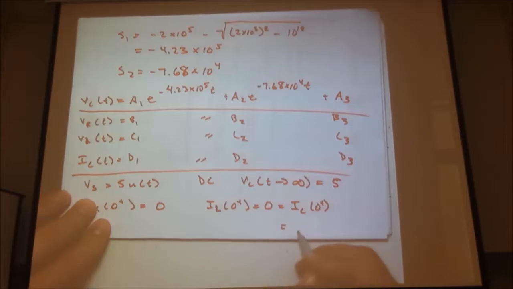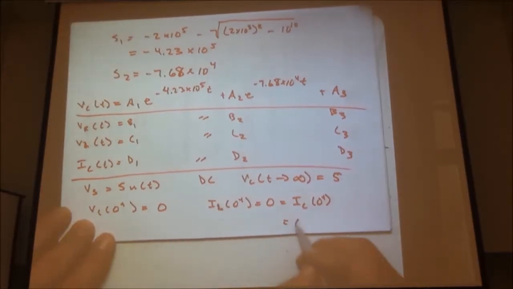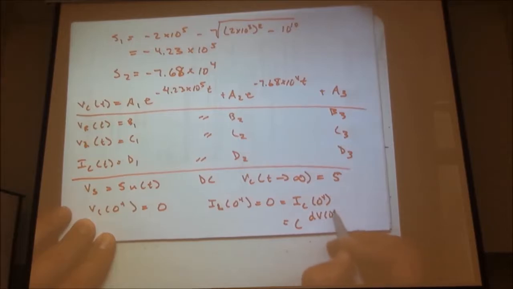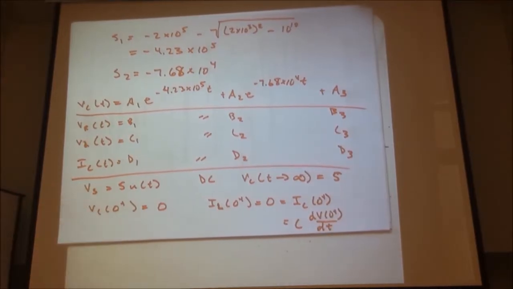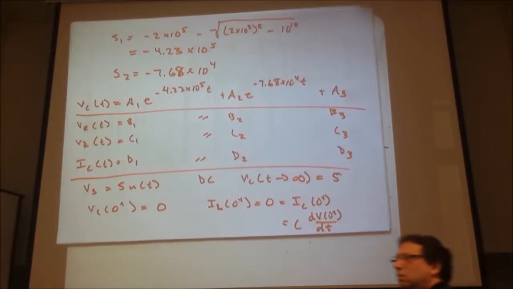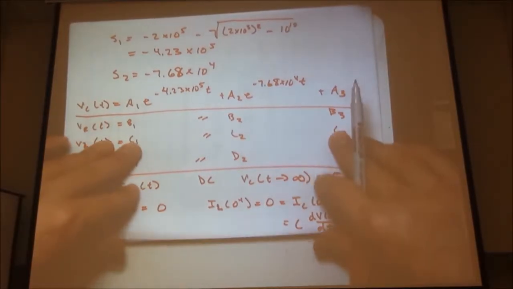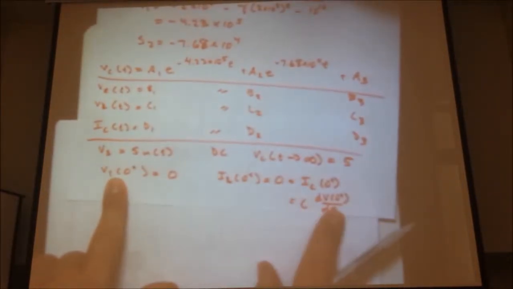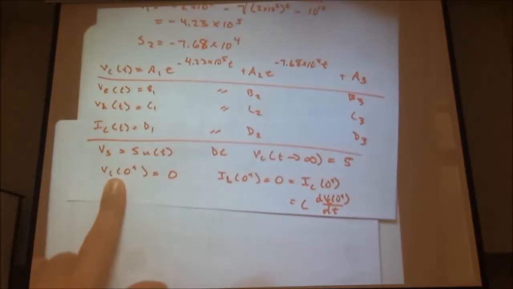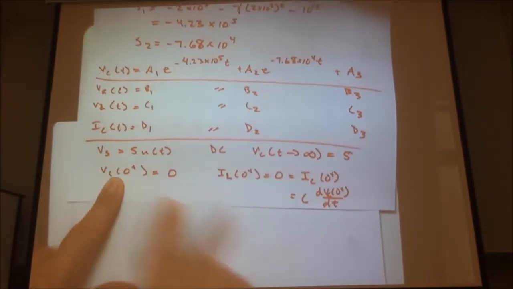Well, that's C dV 0 plus by dt, which in this case is 0. So this is our initial conditions telling us what our differential terms are going to be. And that's where the circuit analysis comes back into play. So we have to go back to the circuit to determine our VC and our dVC by dt, our initial conditions and our derivative initial conditions.